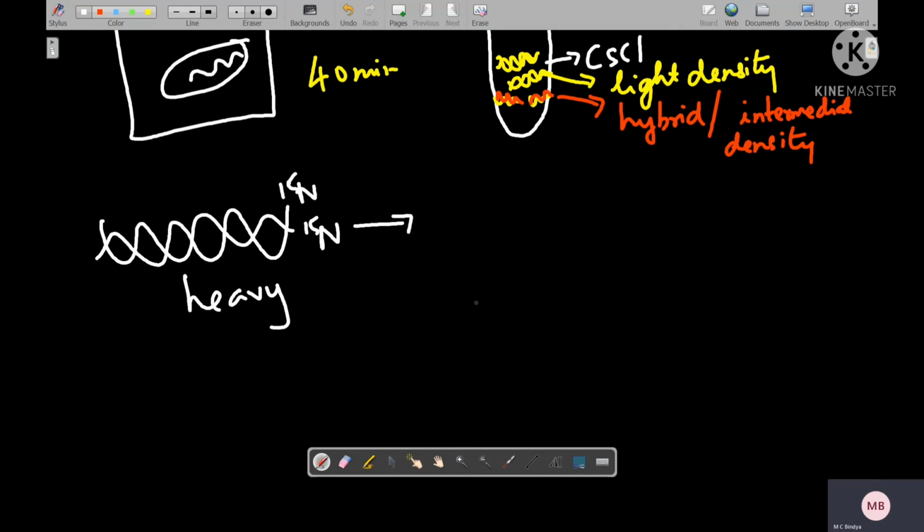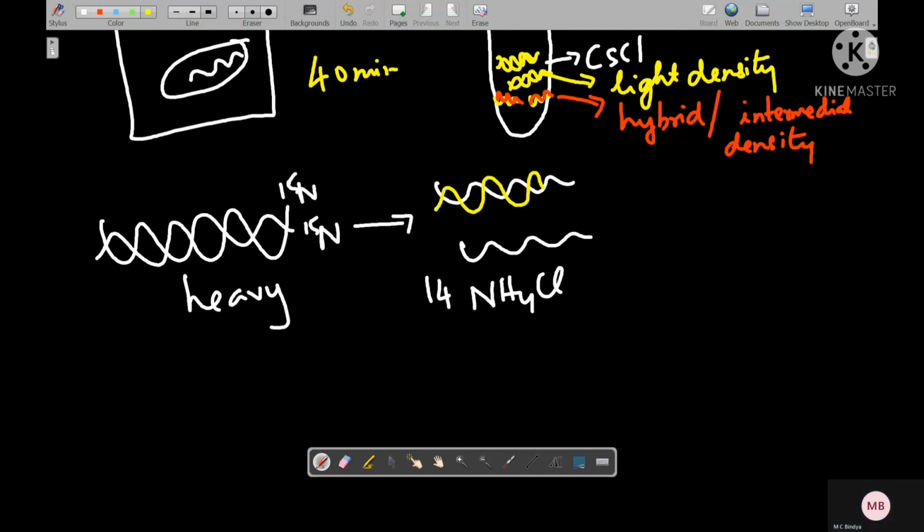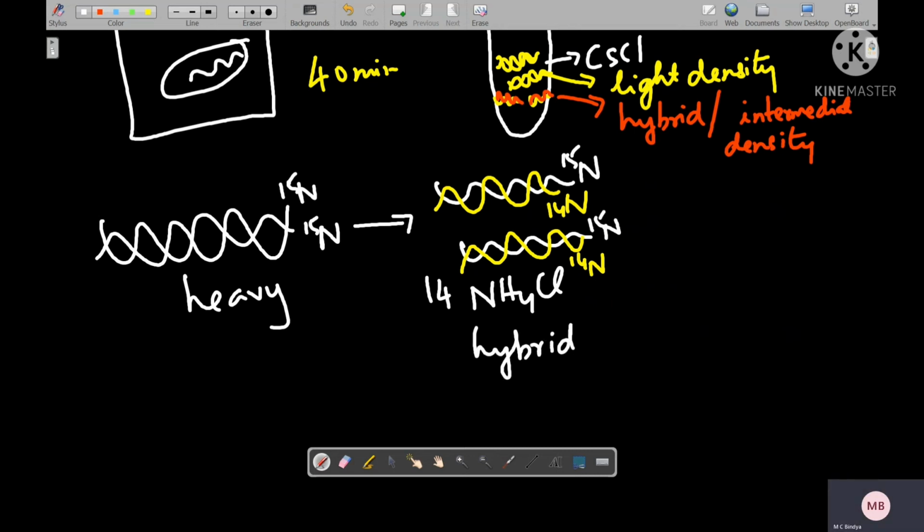Then when they are transferring it into ammonium chloride N14, the two parental DNA strands will separate and the new DNA will be synthesized from the N14 medium. So one strand will be N14 and the other strand will be N15. And that's how we get hybrid density or intermediate density.